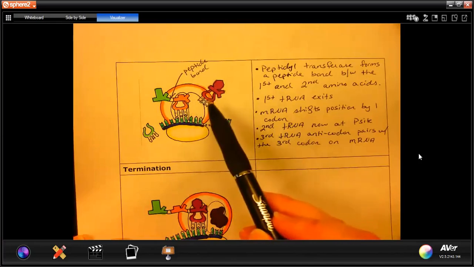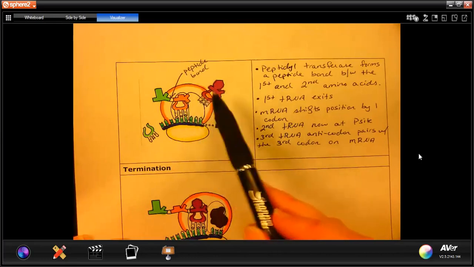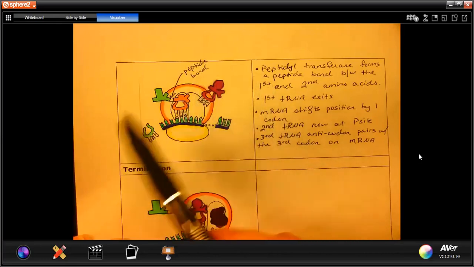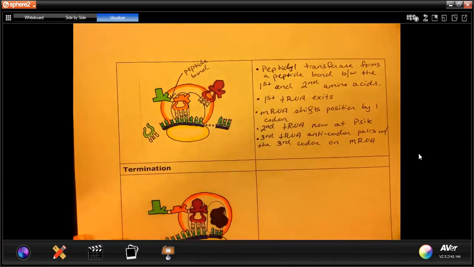Peptide bond will form, everything shifts. New amino acid, peptide bond will form, everything shifts. For hundreds to thousands of codons.